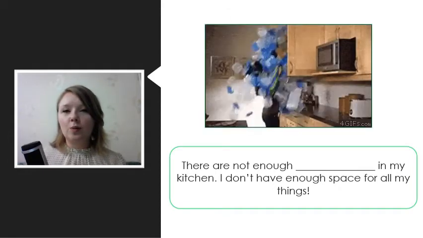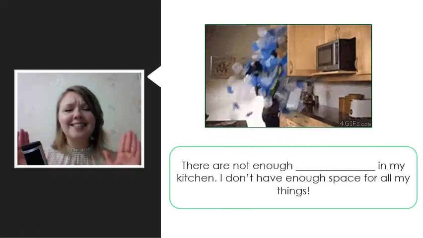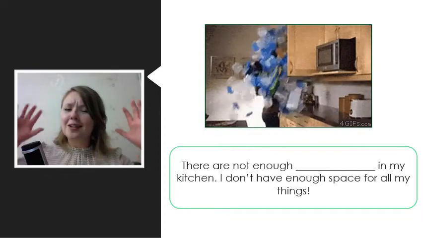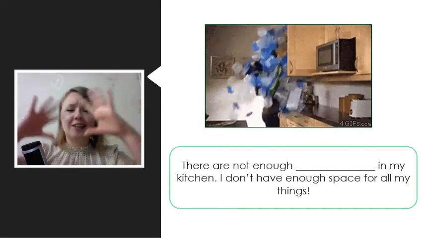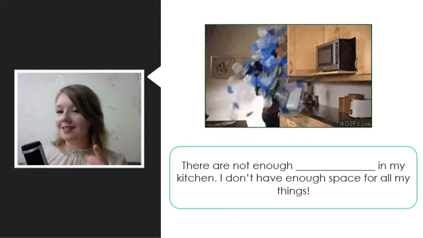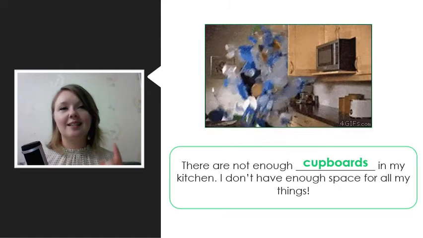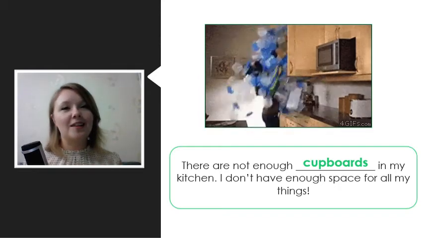So what would we call these places where we put all of our things in the kitchen? Here in this sentence, it's saying there are not enough, which means there are too many things in one place. I need more of these. What are these called? These are cupboards. And again, remember, we do not pronounce that P.